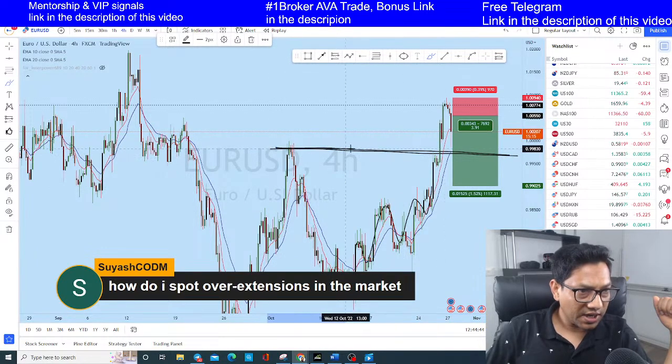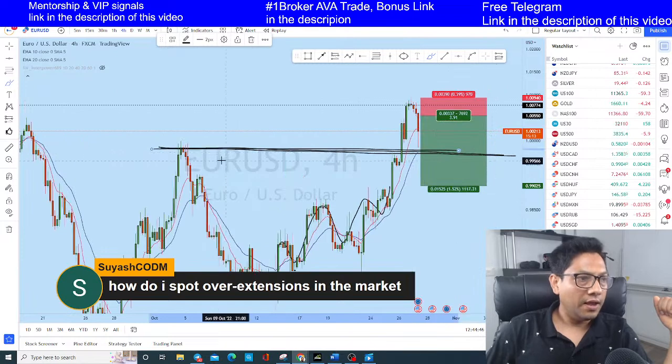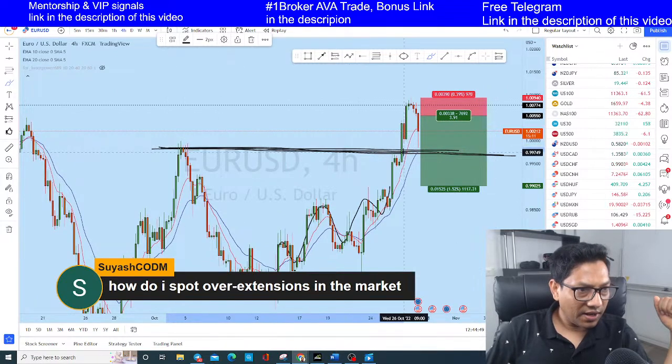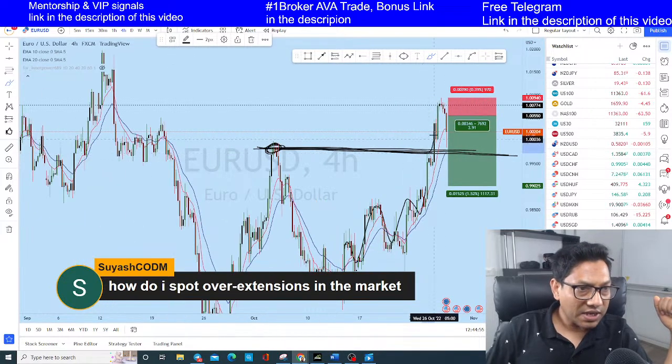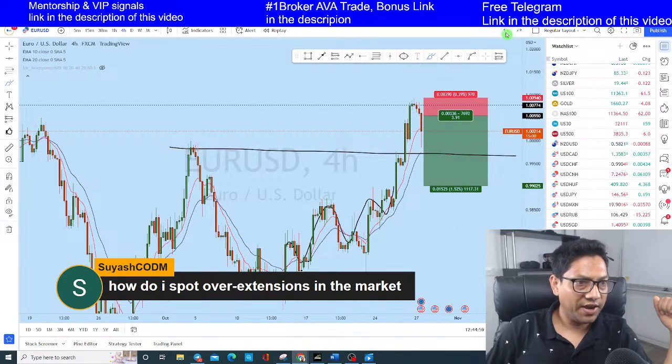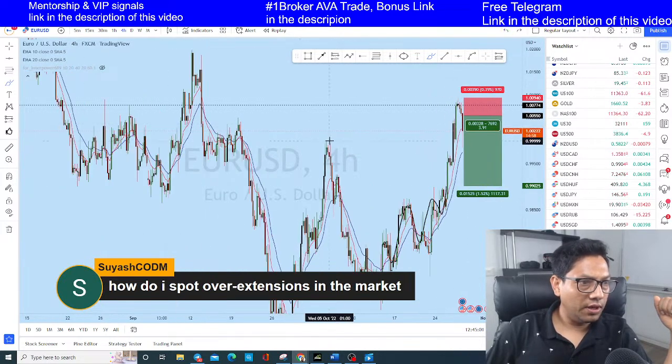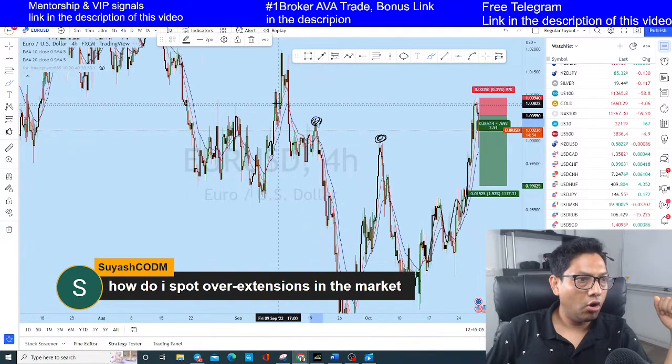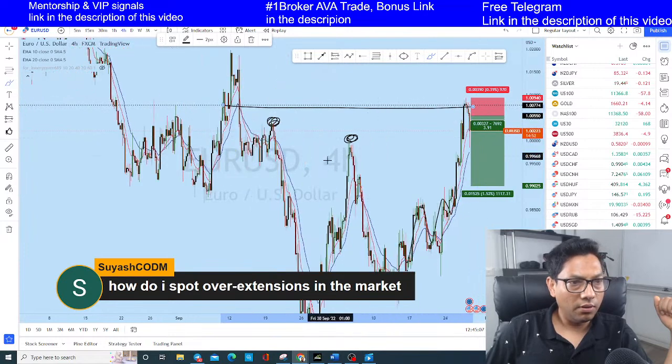So this is the recent high, you see that? Now this level is not an overextension, the recent high is here. Once this level is broken, that is an overextension. You see that? In fact, it has broken this high, almost a very high.